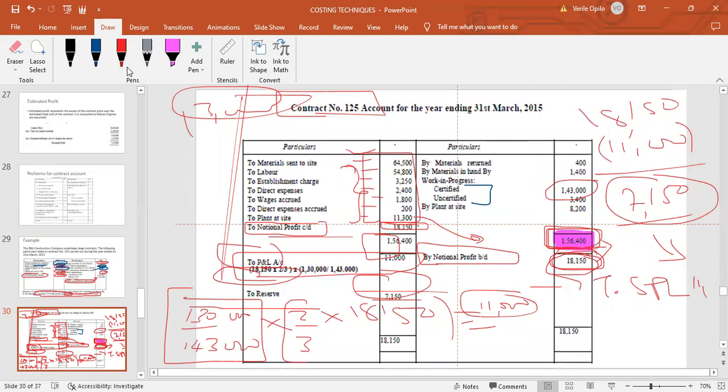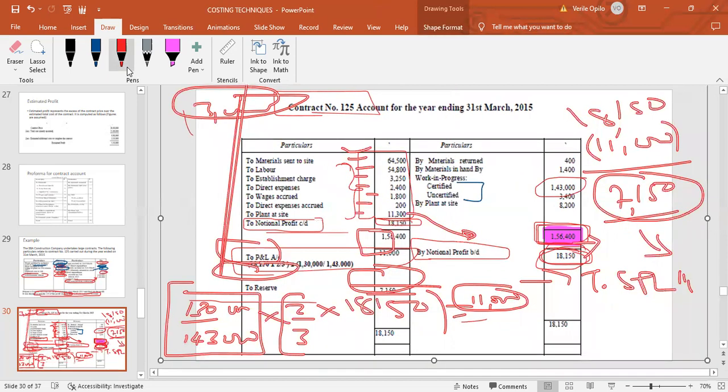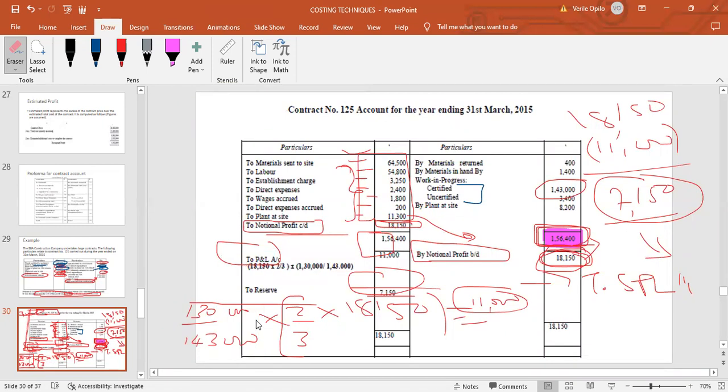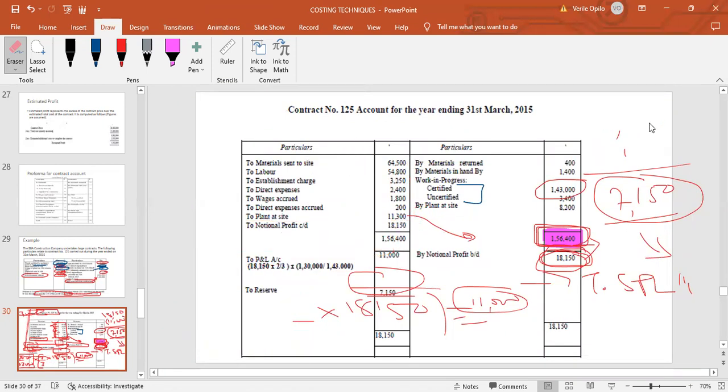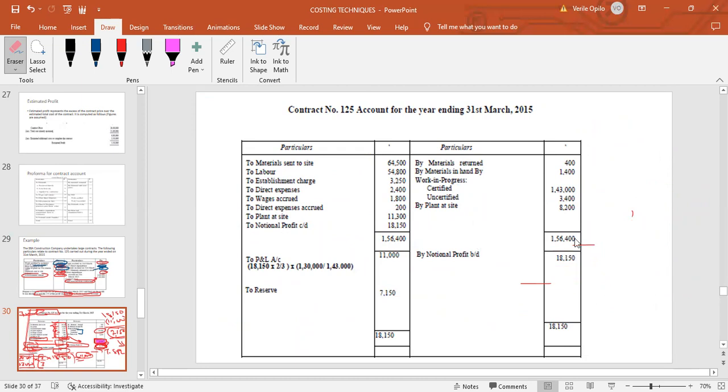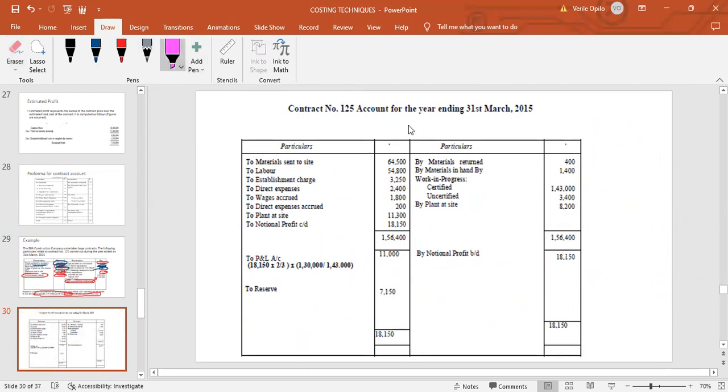That is how we usually prepare the contract accounts. The main thing that you need to note, because this is a complex kind of contract account, is how we record these items. When do we debit and when do we credit?